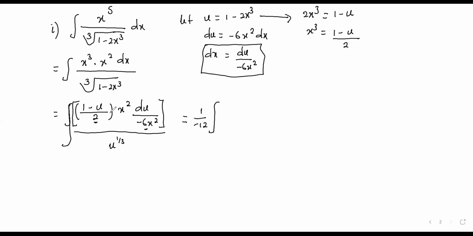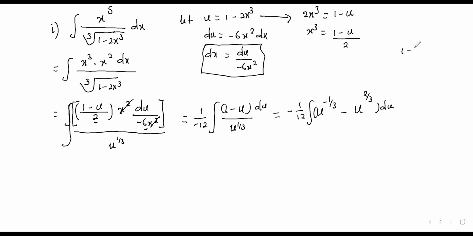And then we'll have the integral of, see, this x squared and this one will cancel, so we remain with (1 minus u) du over u^(1/3). So we'll have minus 1 over 12, and then we push this u to the numerator. So we'll have u^(-1/3) minus u^(1 minus 1/3), which is u^(2/3), and then du.